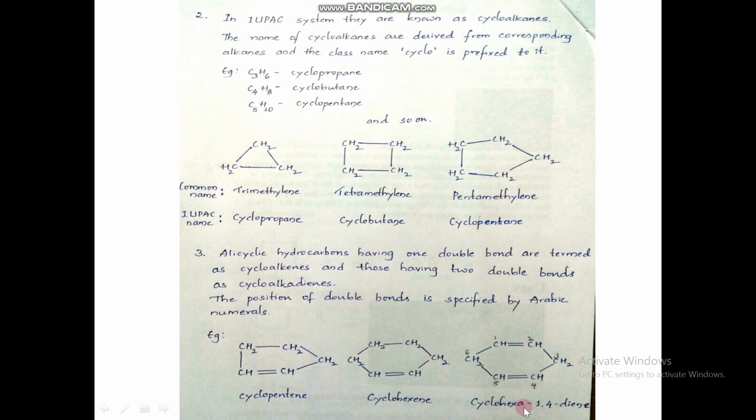So cyclohex, and the position of the double bonds is specified by Arabic numerals: 1, 2, 3, 4, 5, 6. The first position and fourth position have double bonds, so that is 1,4 di, two double bonds, diene. So this is cyclohexa-1,4-diene. So this is the nomenclature of cycloalkanes.